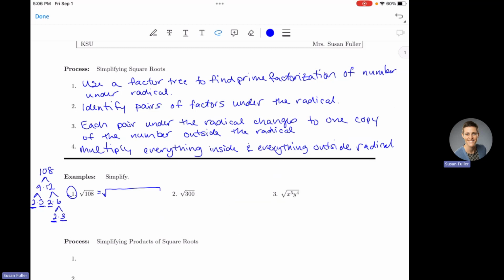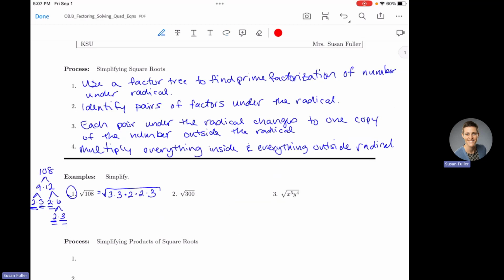So 108 is going to be 3 times 3 times 2 times 2 times 3. You can write these in any order. I'm just going left to right with the way that I have these written. Okay, so that's the prime factorization of 108.